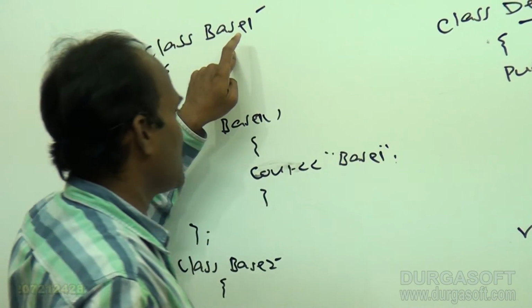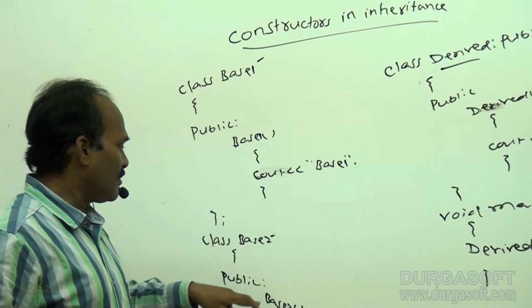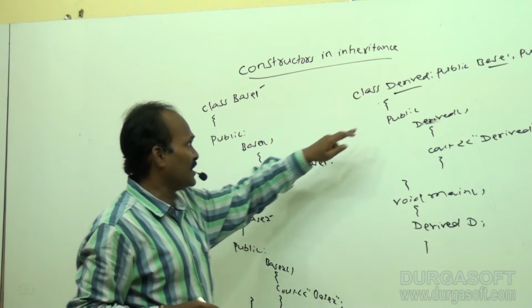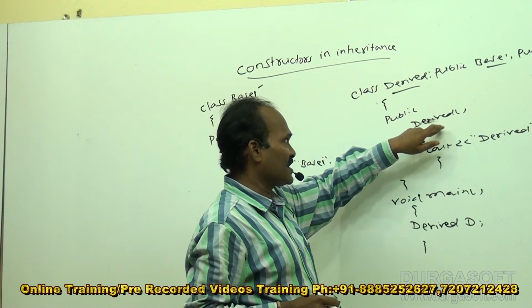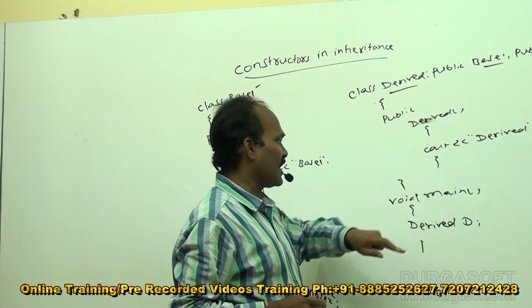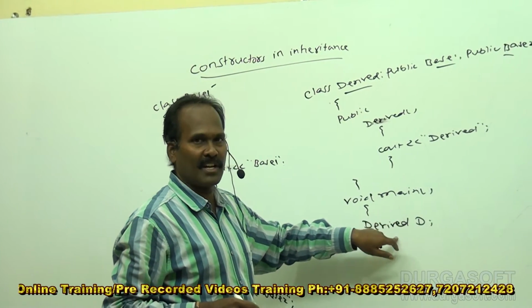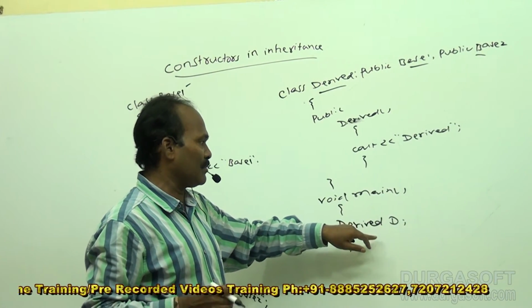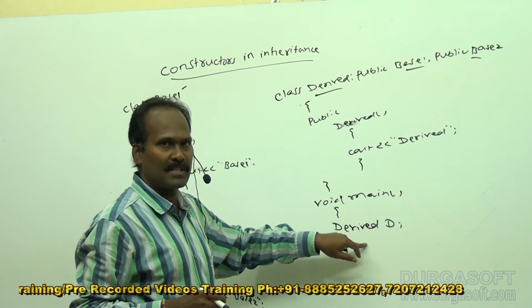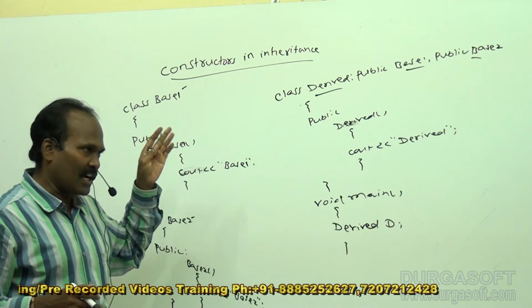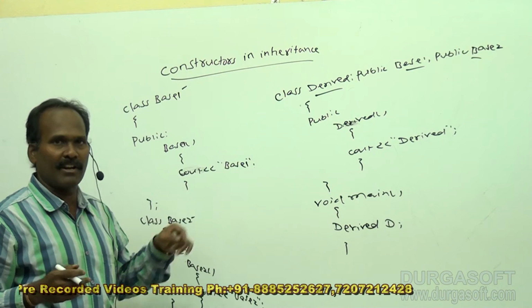In the base 1 class I have the base 1 constructor, base 2 constructor in base 2, and in the derived class I have a constructor. In the main function, I am just creating an object for the derived class. The moment you create the object, automatically the constructors will be inherited into the derived class.